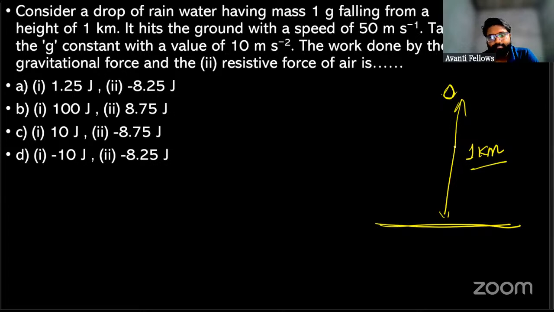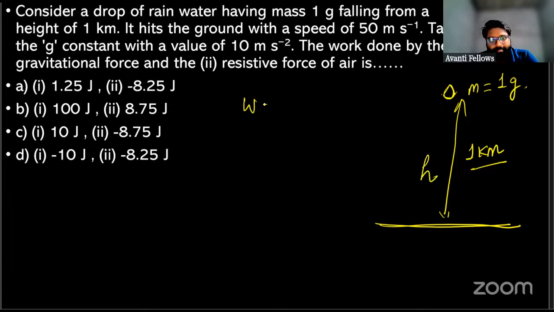Now, the mass of this drop is 1 gram. Okay. Am I audible to you? The screen is visible to you, everyone? Okay. So this drop is falling down a distance, a gap of 1 kilometer. Okay. So this is H.